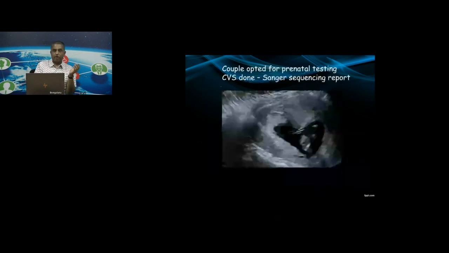So therefore, since there is a genetic diagnosis in the index child, we offered a CVS and the couple agreed, and that's the needle in situ. You can see that's the needle, that's the chorion that you see here, and that's the fetus, that's the amniotic fluid. And we sent it up for Sanger sequencing.